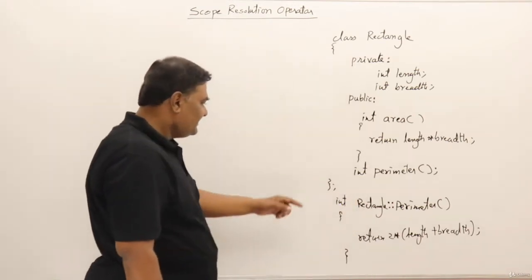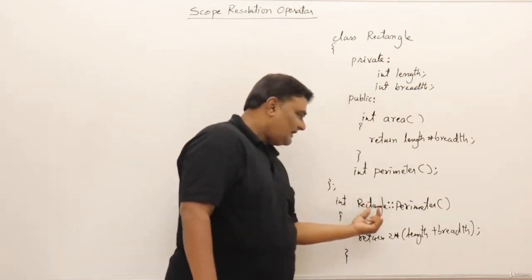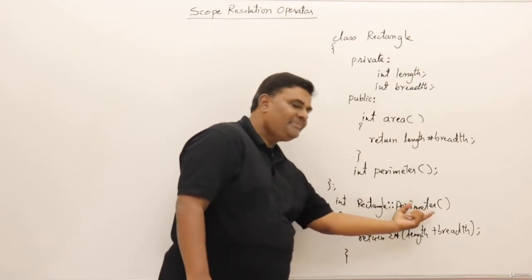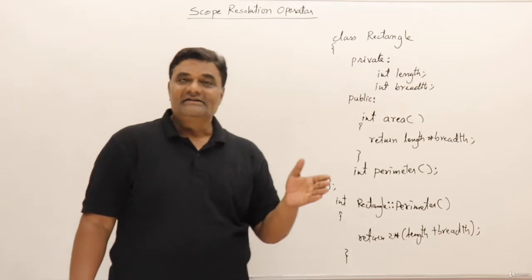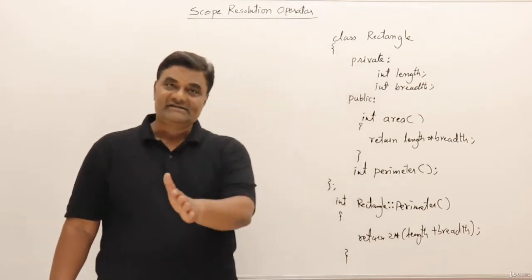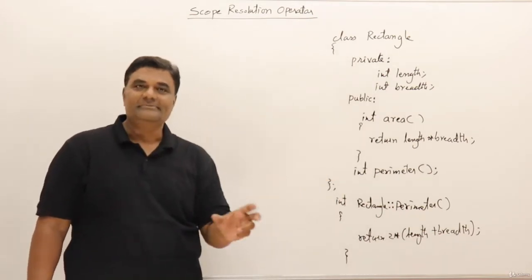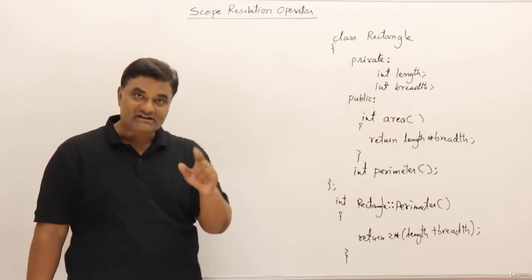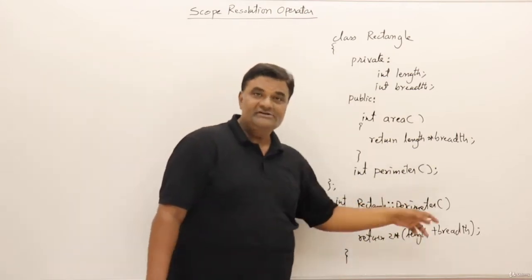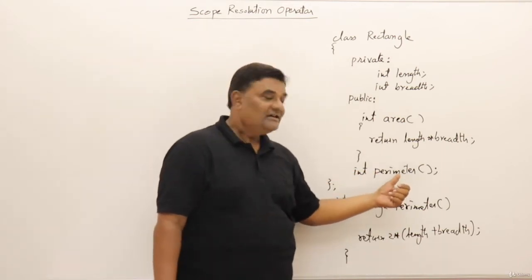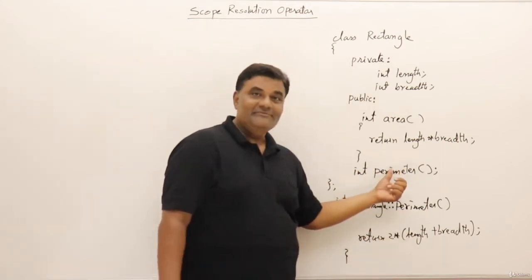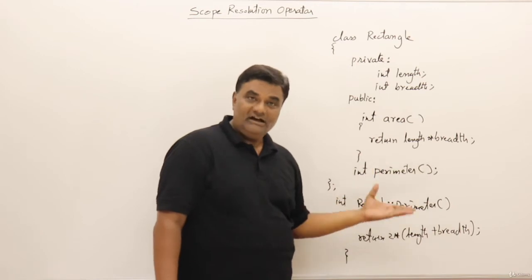So: return type, class name, scope resolution, and the perimeter function name. Before the function name, it is qualified with the class name. The scope resolution shows that the scope of this function is within this class that is already given here. So this is the same function; we are writing the body outside.